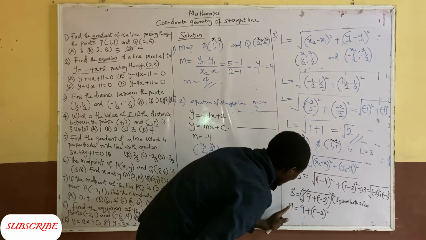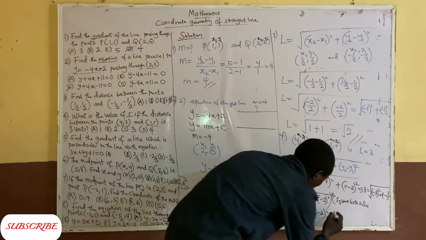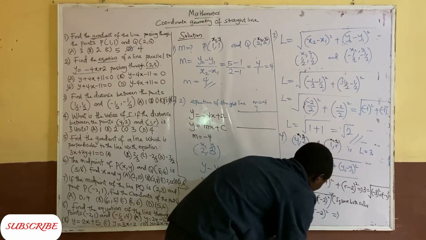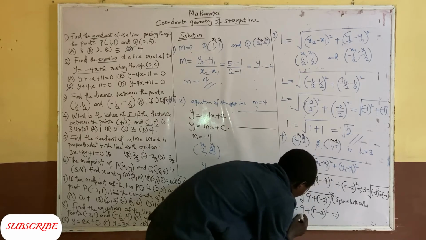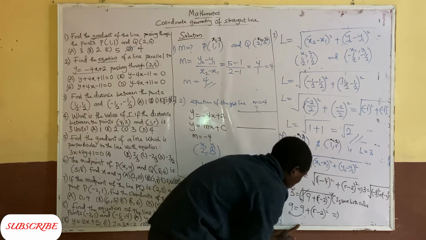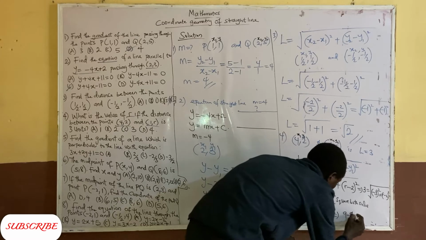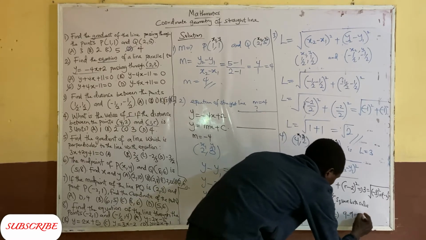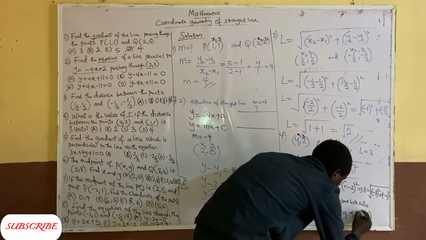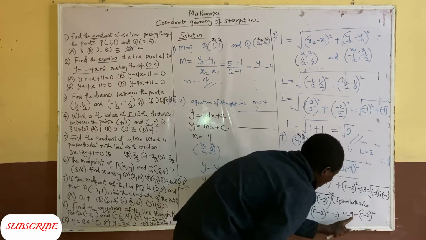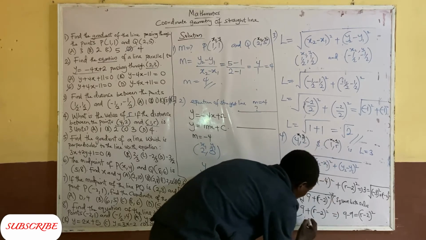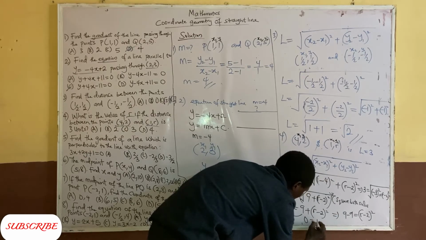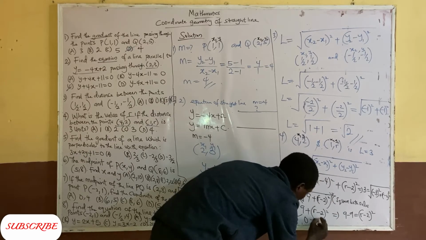Transferring the 9 across, 9 minus 9 is equal to (R minus 2) all squared. So 9 minus 9 gives 0, and 0 is equal to (R minus 2) all squared.